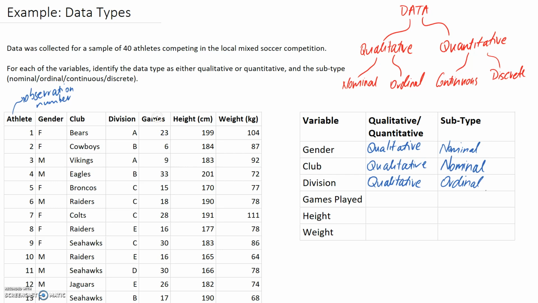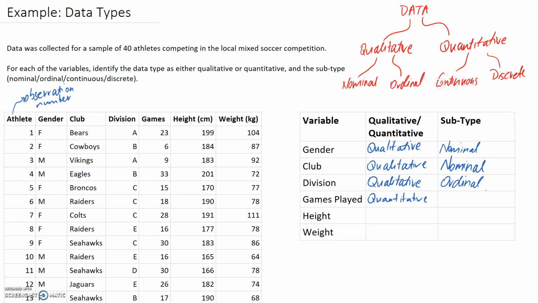Alright, next up we have the number of games that people have participated in. This one is a number, which again can be a bit of a giveaway. That's numerical data, so that would suggest it's going to be quantitative. Then we have two options, continuous and discrete.